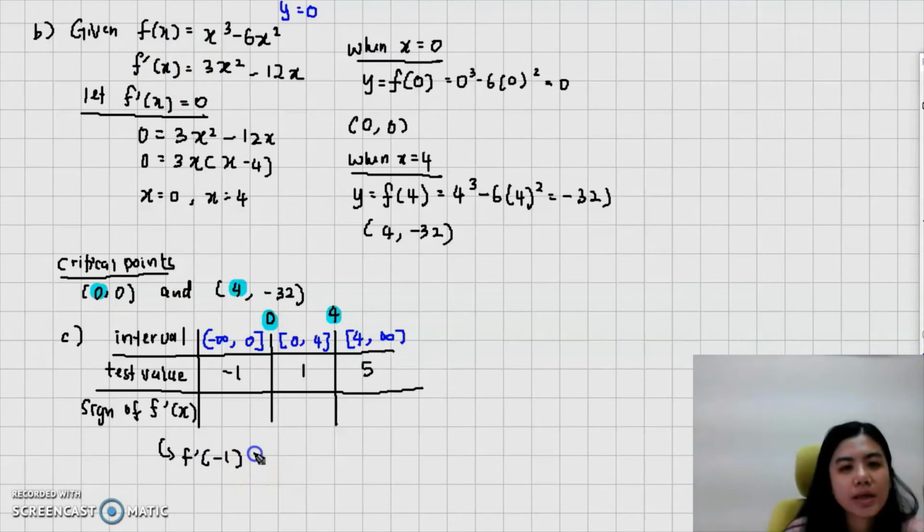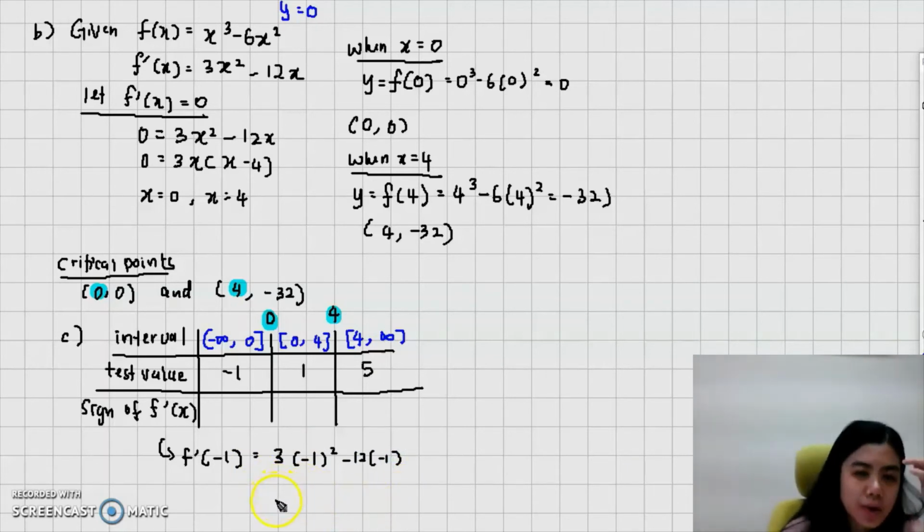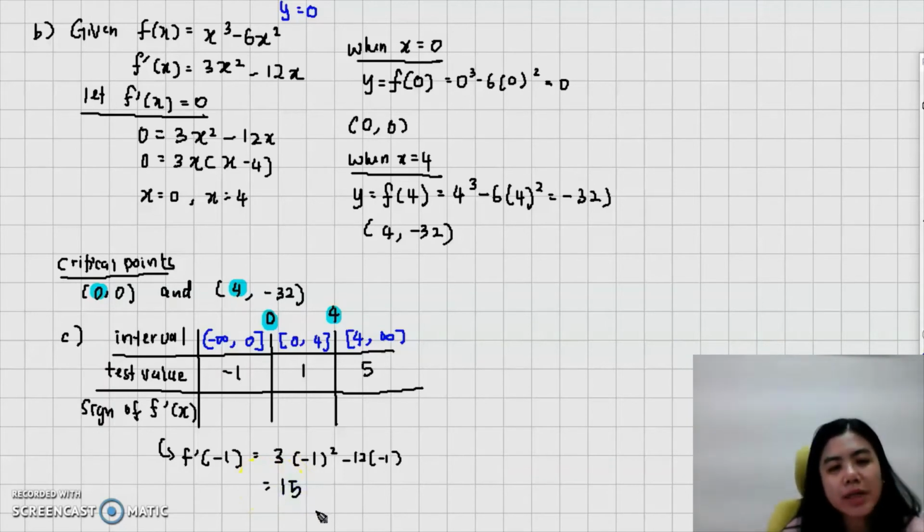So you have 3 times (-1) squared minus 12 times (-1), and use your calculator to get the value. As a result, the answer is actually 3 plus 12, that is 15. So 15 is a positive number. We are not interested in the exact value when you substitute x = -1 into here, but we just want to know the sign, whether it is a positive or a negative sign. So in this case, we have a positive sign.